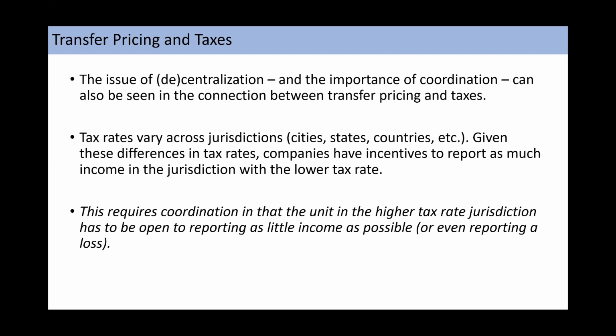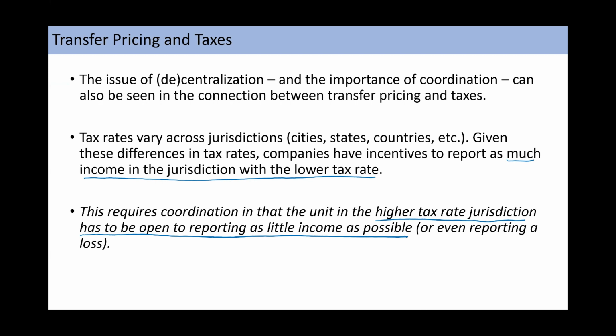Given these differences in tax rates, companies have incentives to report as much income in the jurisdiction with the lower tax rate, because that means they'll be paying less taxes, and report smaller income in jurisdictions with the higher tax rate. This requires a lot of coordination because it means that the unit in the higher tax rate jurisdiction has to be open to reporting as little income as possible, or sometimes even a loss.